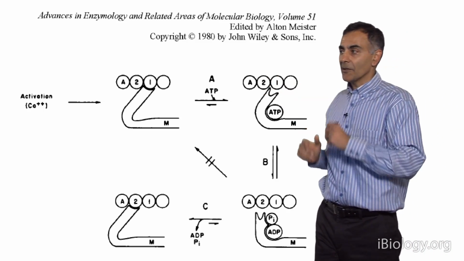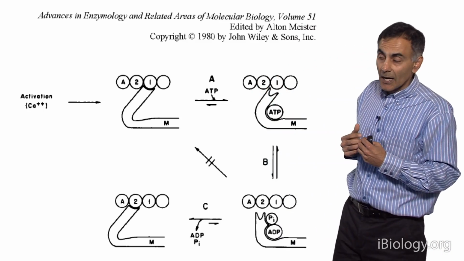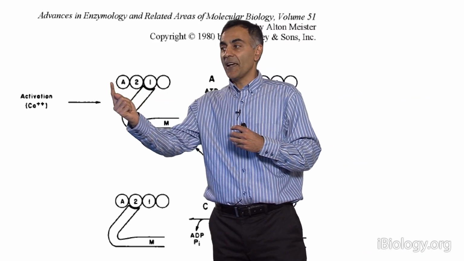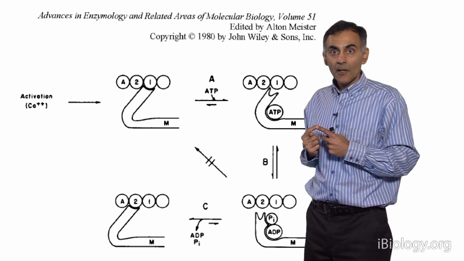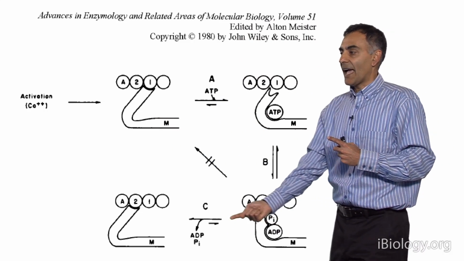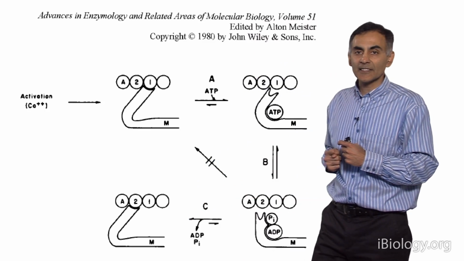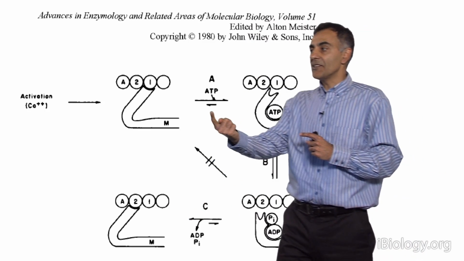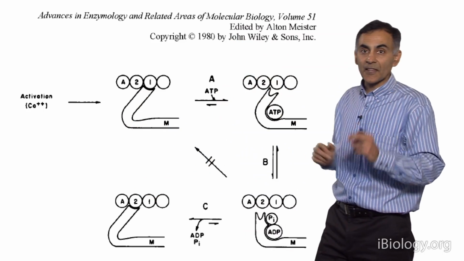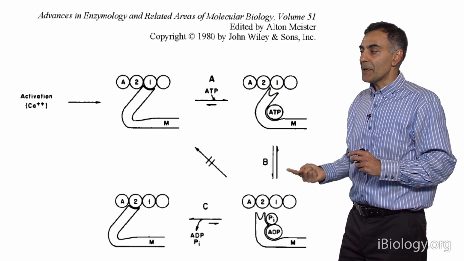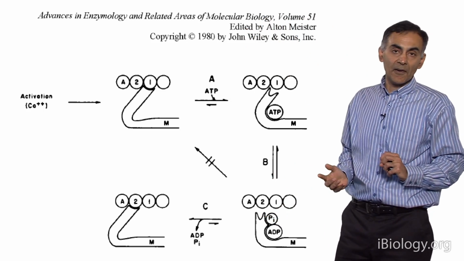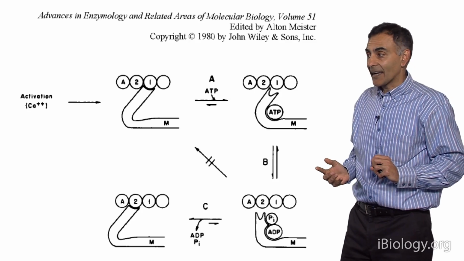And what Jenks postulated back then, or what he articulated in this paper, was that the reason you get this vectorial movement is because there are different states of myosin at different points in the overall cycle. And some of these states bind tightly to actin, the unbound states, whereas in the ATP or ADP bound states, the myosin does not bind very tightly to actin.